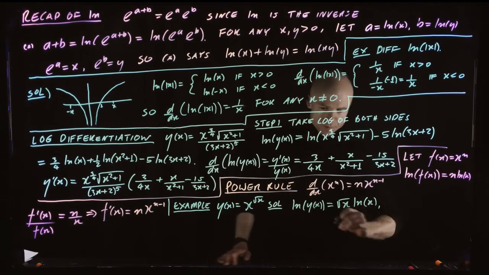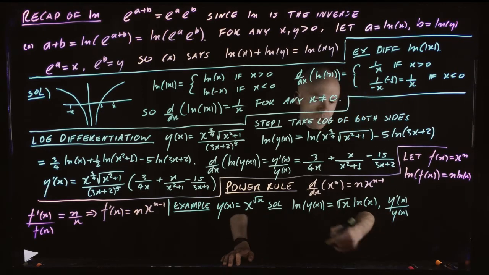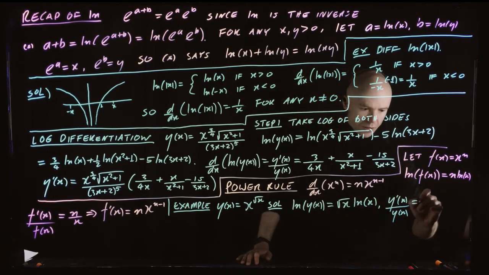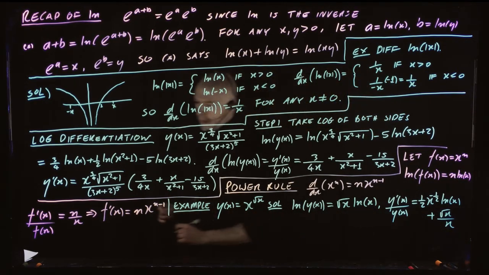Differentiate both sides. So we're going to have y prime over y of x, and this thing we can differentiate, it's just the product rule. All right, so we have 1 over 2, x to the minus 1 over 2, log of x, plus square root of x over x. Yeah?